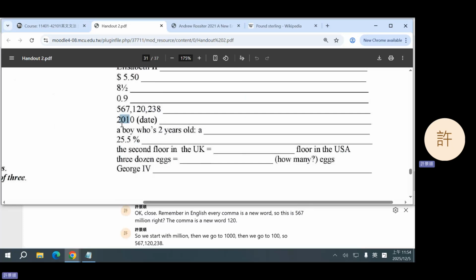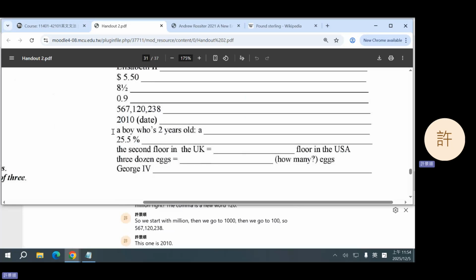This one is 2010. This one is a 2-year-old boy. This one is 25.5%. The second floor in the UK is the third floor in the US.